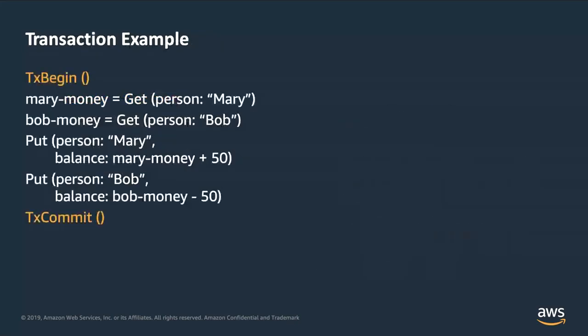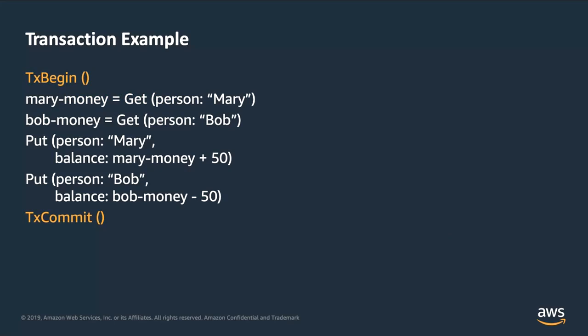Awesome. So now taking a look at an example. Let's introduce another example, which you generally see whenever you think about transactions, a bank money transfer. Let's say Mary wants to transfer money to Bob.